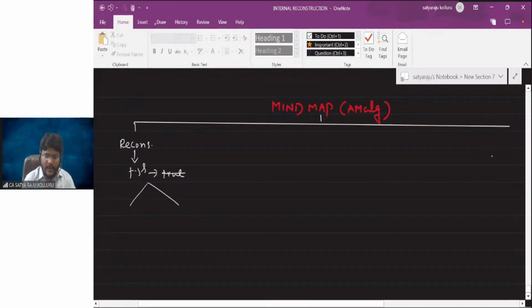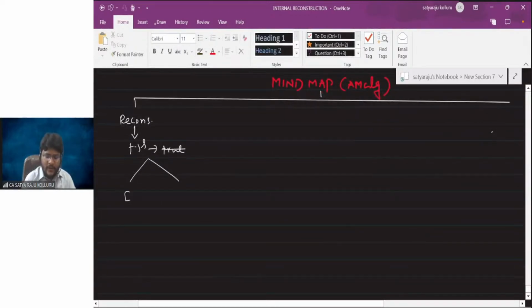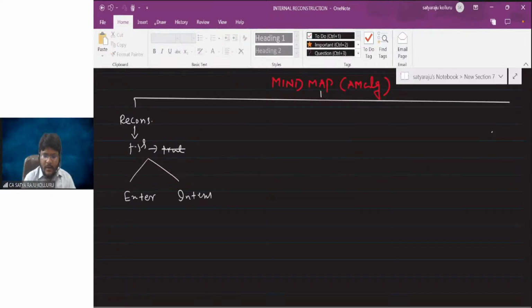We've seen two different types of reconstruction: external reconstruction and internal reconstruction. In external reconstruction, a new company is incorporated. But in internal reconstruction, the same company continues its business activities. No new company.